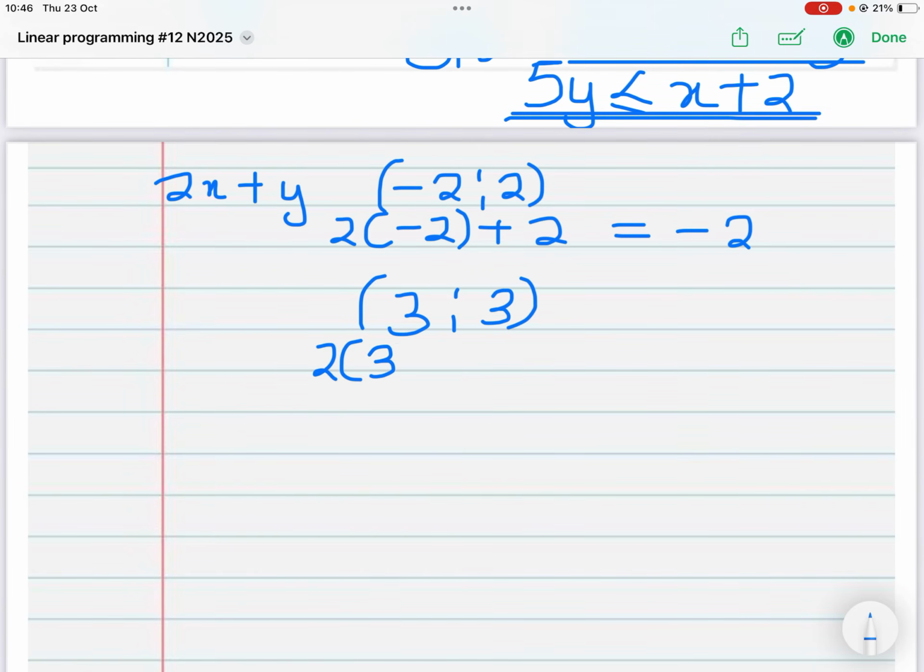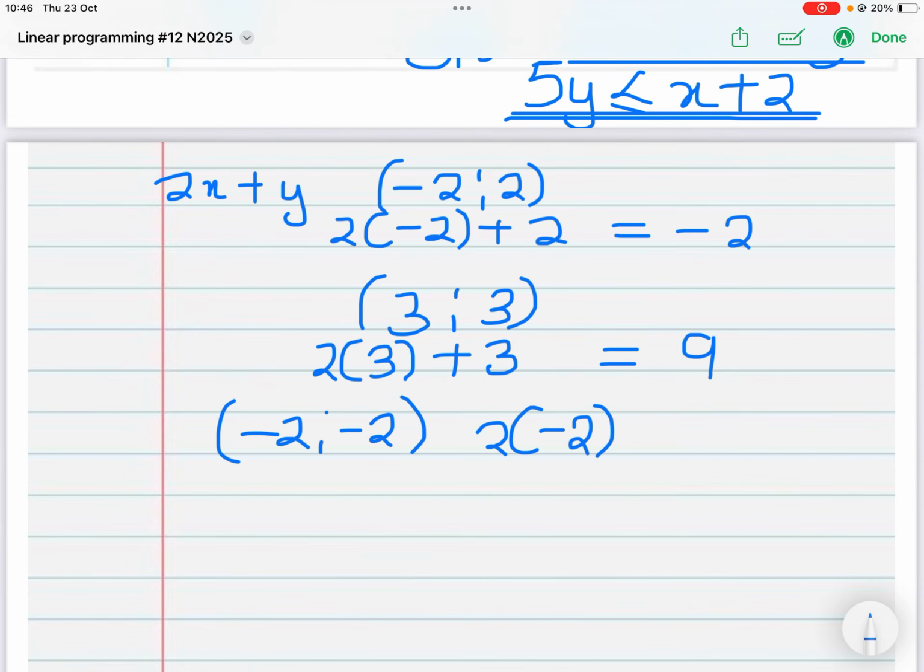So we say 2 times 3 plus 3 in order to get 9. Lastly, we have minus 2, minus 2. So we say 2 times minus 2 minus 2 in order to get negative 6.